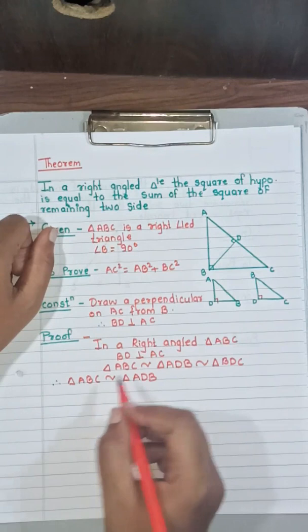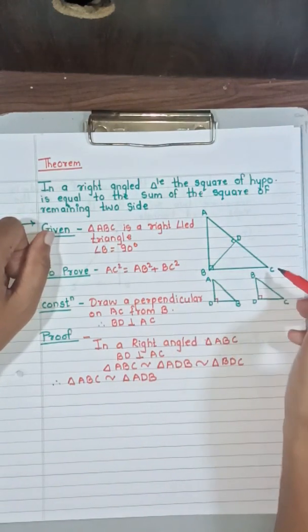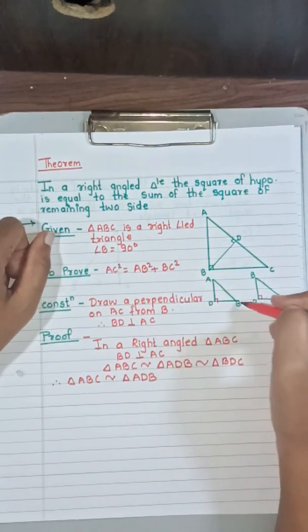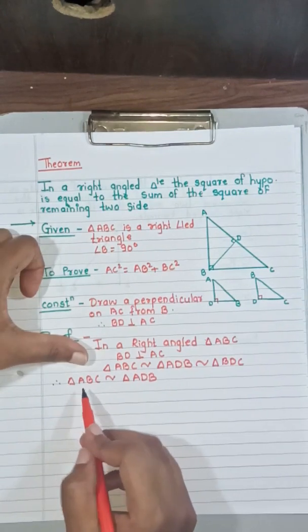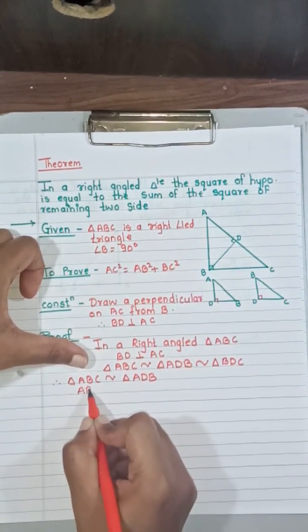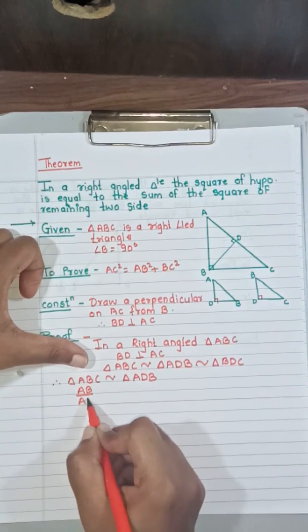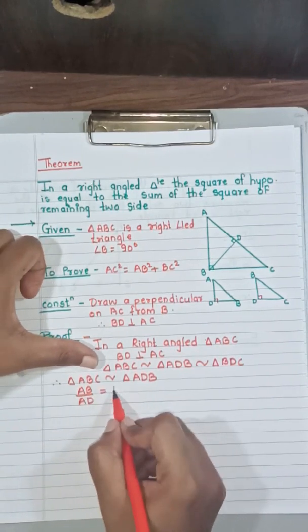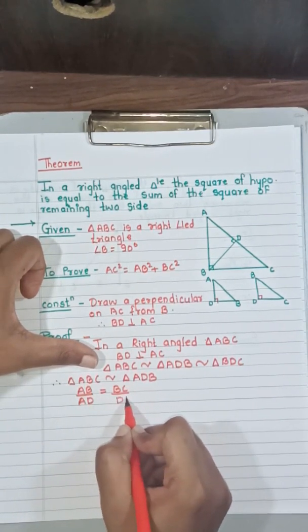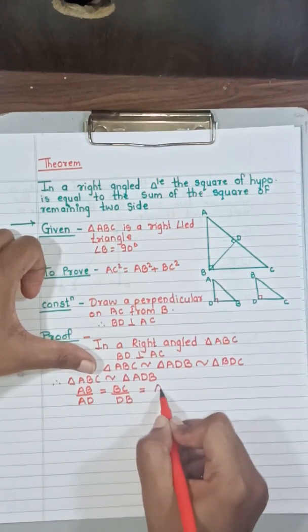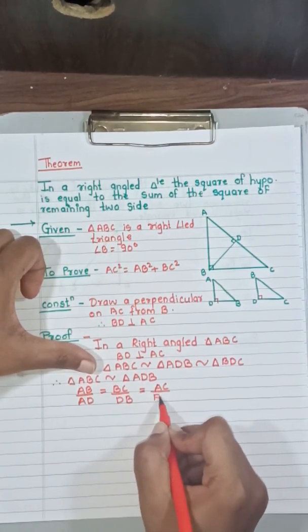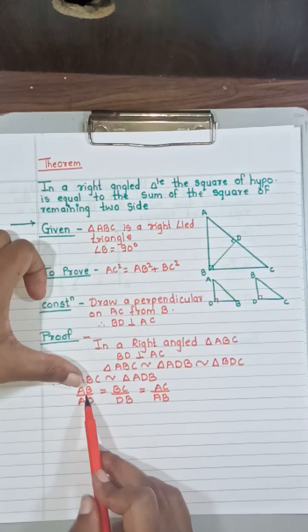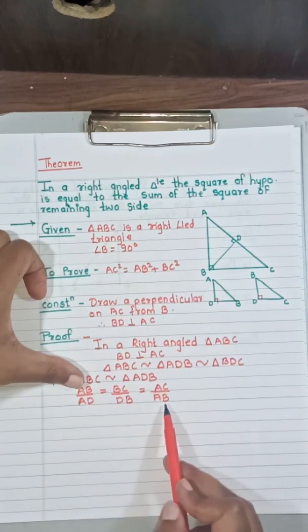Now when the two triangles are similar, that means their sides are in proportion. Now first we will take AB upon AD is equal to BC upon DB is equal to AC upon AB. Now children, you can see AB is in the numerator as well as AB is in the denominator.